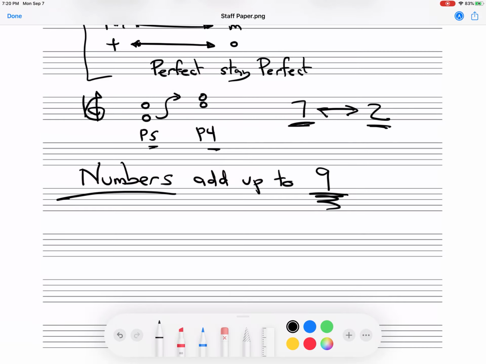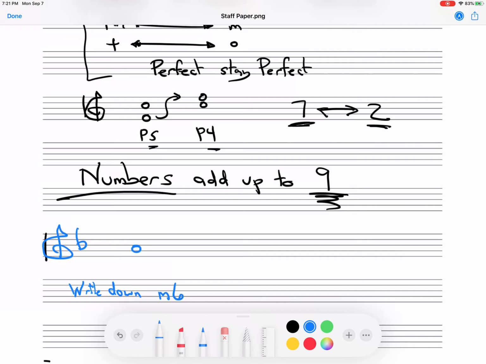Now, how does this help you to write an interval going down? I'm going to show you. This is something that you're going to be asked to do. So let's just suppose that you get something like this, and you're supposed to write down, how about a minor 6?